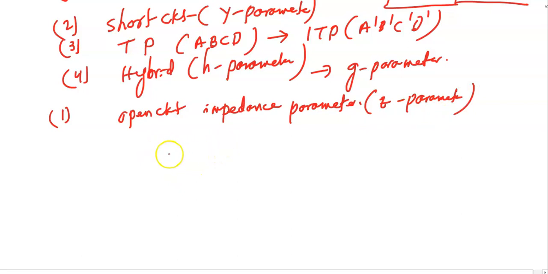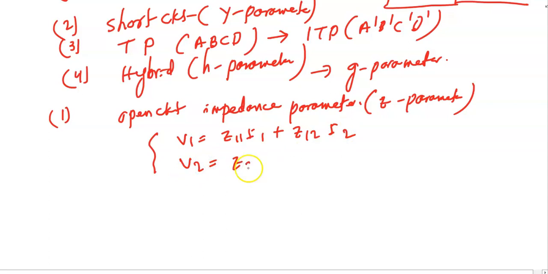So here the set of equations are V1 equal to Z11 I1 plus Z12 I2, and V2 equal to Z21 I1 plus Z22 I2.